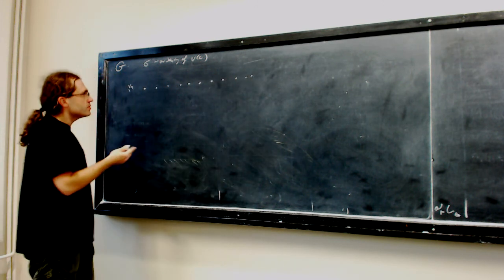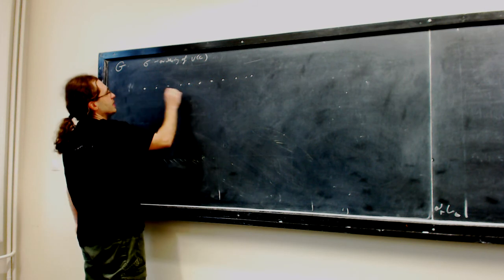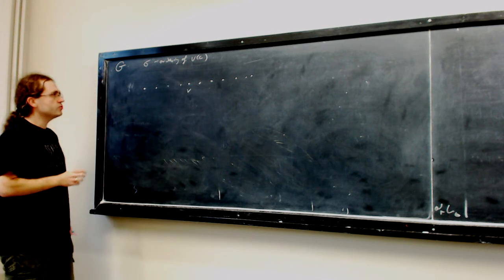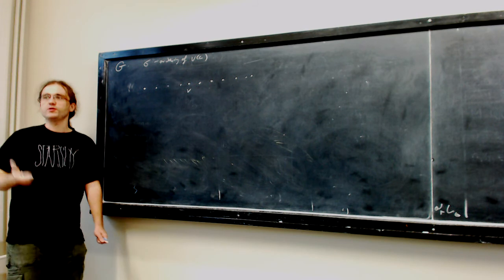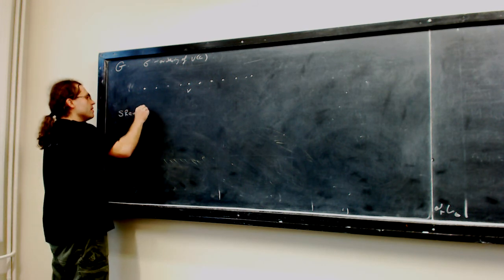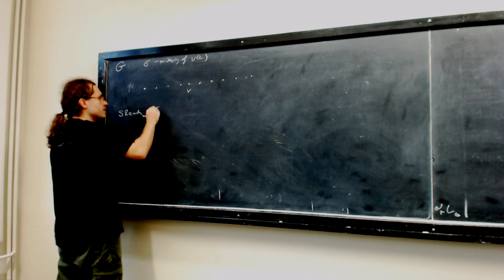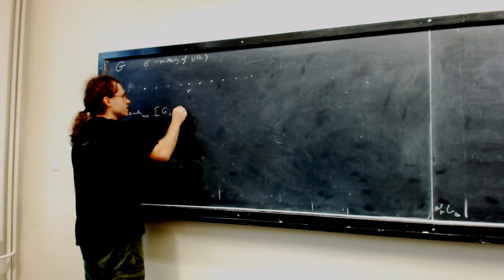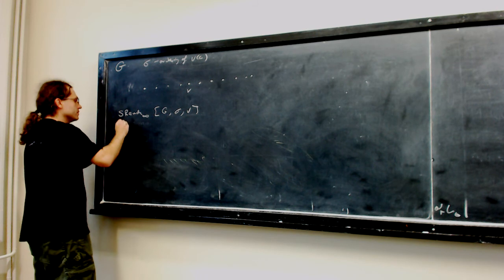In this order, if we mark some vertex V, we had the notion of strongly reachable sets and weakly reachable sets. There was a strongly reachable set, with infinity here, G sigma V, and there was a weakly reachable set.